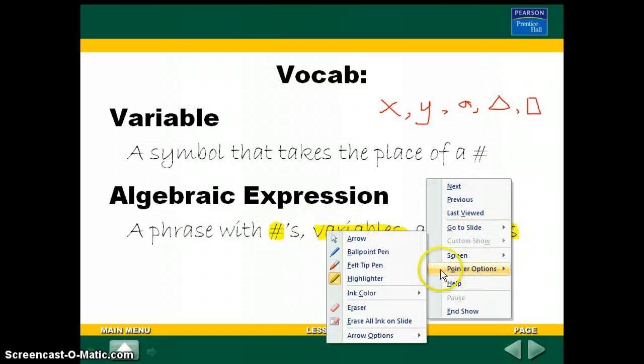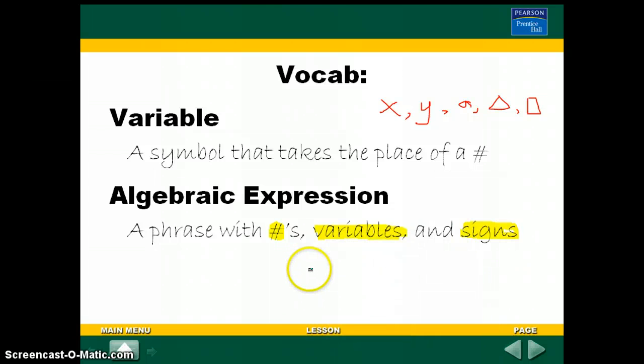Let me show you what I mean by an example for that. For example, let's pick a variable, because we have to have a variable in there. How about the variable b? There's our b. We need a sign. How about minus? And a number, maybe 2. b minus 2. Now, can you think of a way to change that so it would still be an algebraic expression?